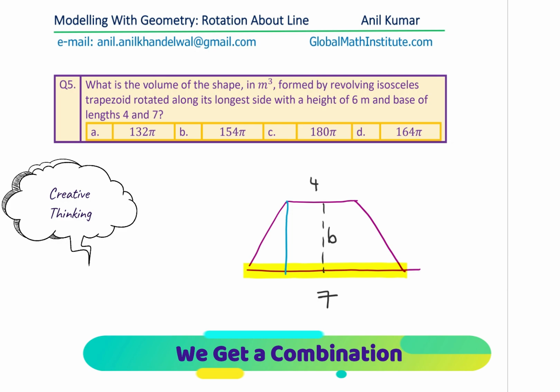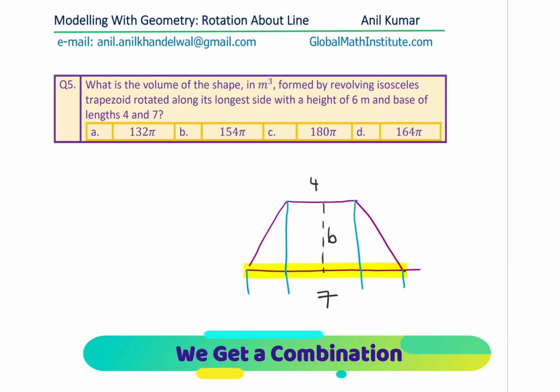If you look at it, it can be divided like this into three parts, where that triangle, isosceles means these sides are equal. So we have the base on this side as 1.5, right? And this, of course, is 4.